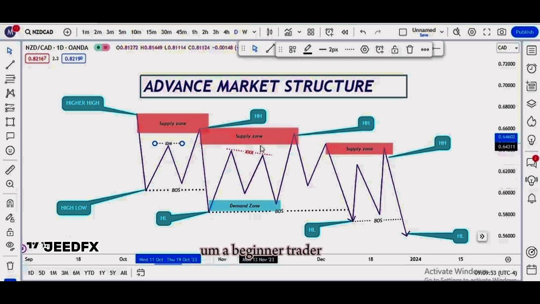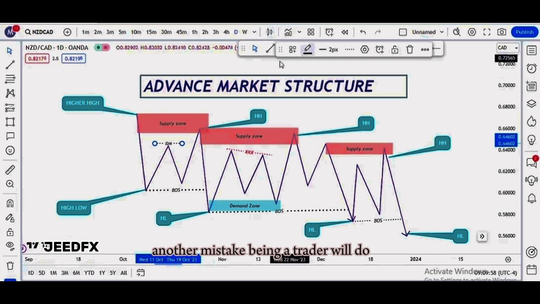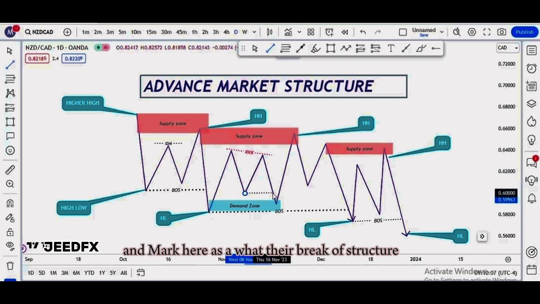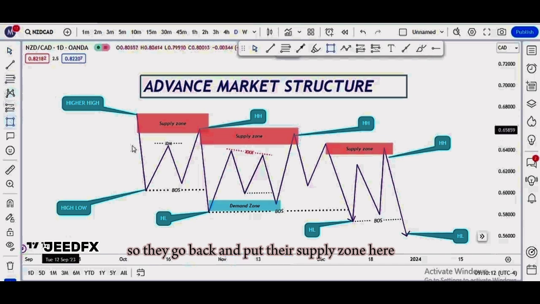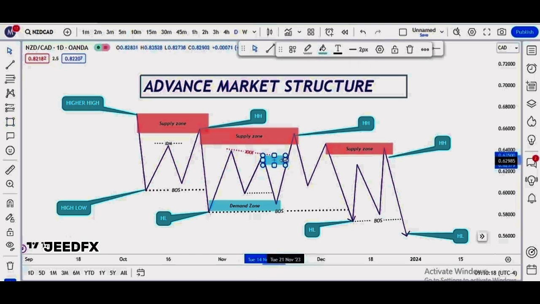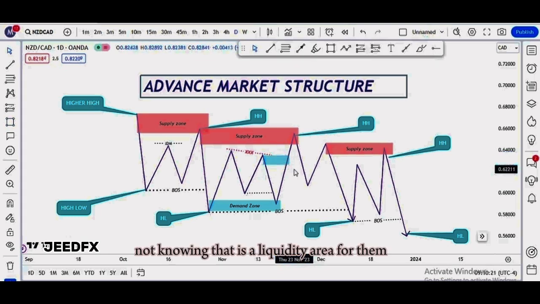A beginner trader, they will mark here as, see, another mistake a beginner trader will do. A beginner trader will mark here as their break of structure. They go into the lower time frame and mark here as their what, their break of structure. So they go back and put their supply zone here, not knowing that it is a liquidity area for them.